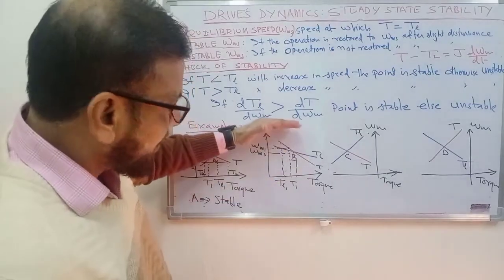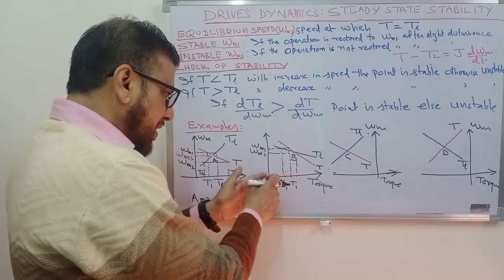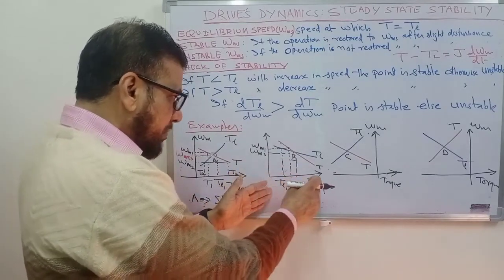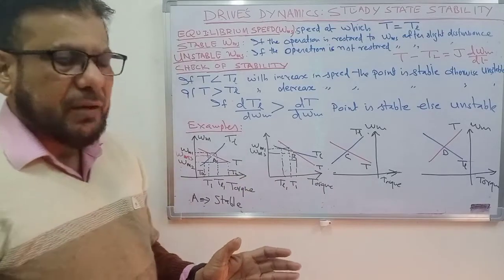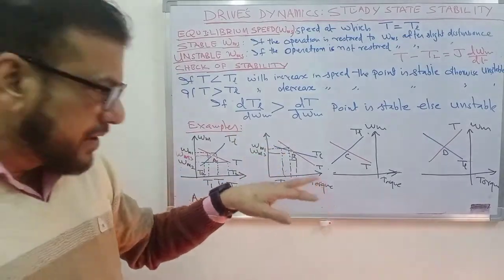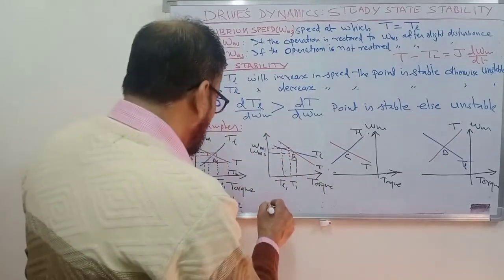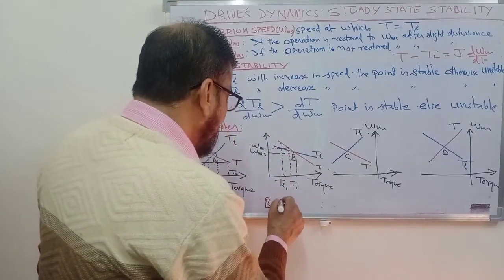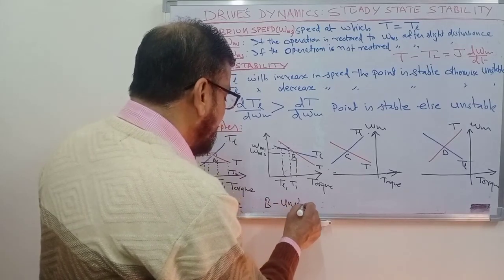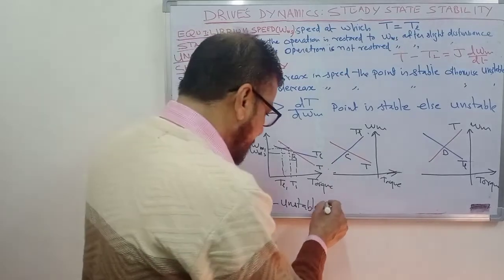Speed will increase further, and the load torque will become even less, and the motor torque will become higher. And what will happen? The motor speed will never be restored back, and the point B will never be restored. So you can say that point B is an unstable operating point.